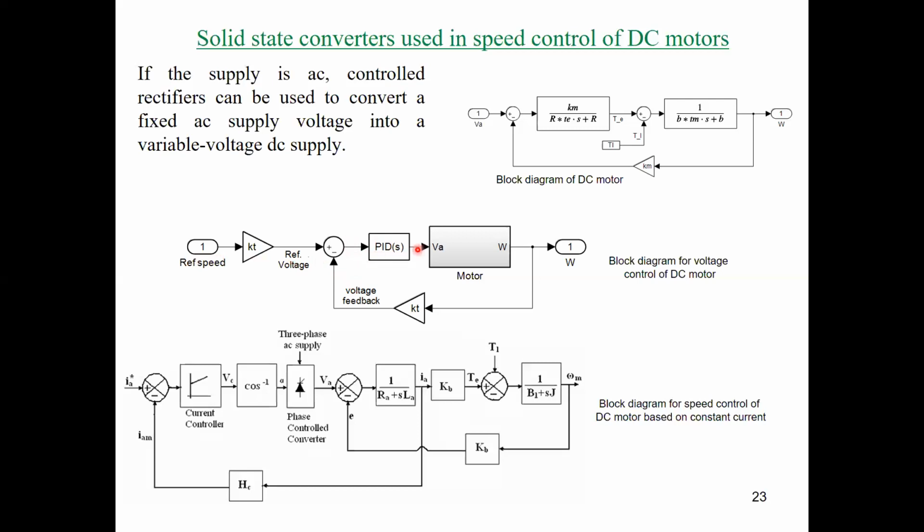The output of this part will be translated to the voltage of the machine. How this part is going to be implemented, this is the idea of using solid-state or power electronic converters. Simply, we will add a power electronic converter here, and based on the output of the PID controller, which gives a control signal to the power electronic converter, the converter itself will generate the output voltage.